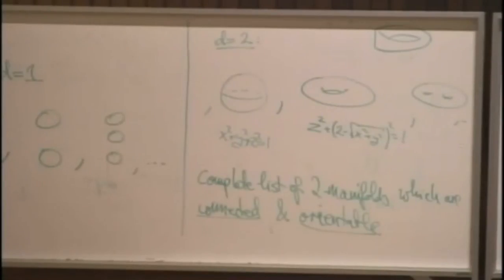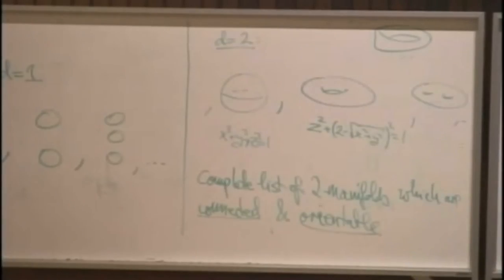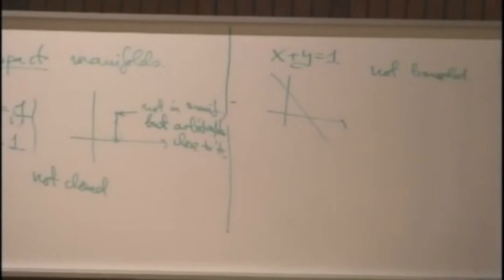But that's not really my main topic. There's a related question. So whether or not you have a complete list, you always have a partial list. You can start writing down all the manifolds you can think of.